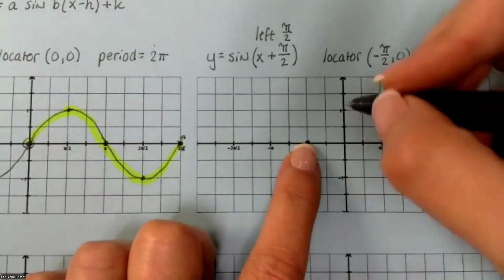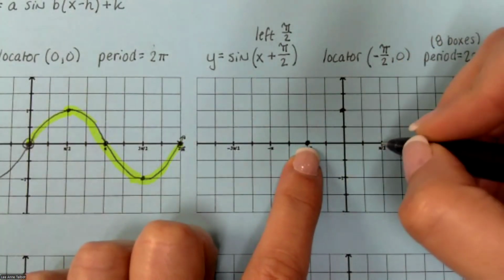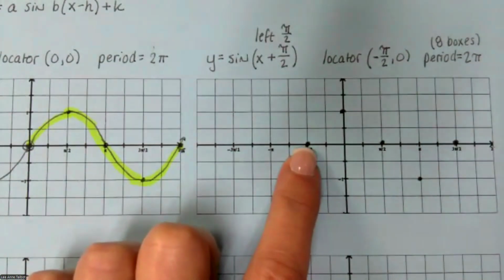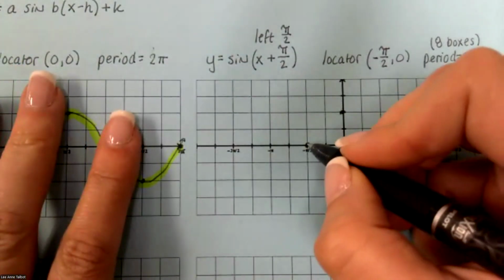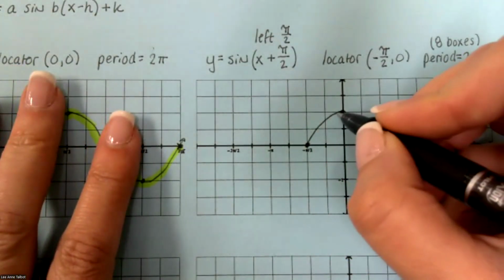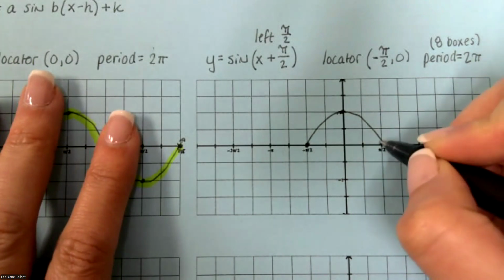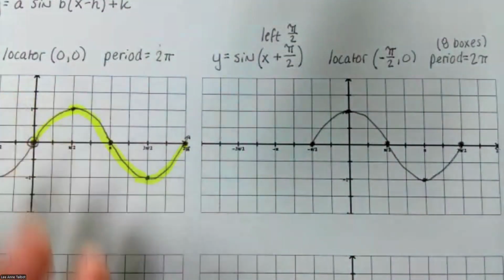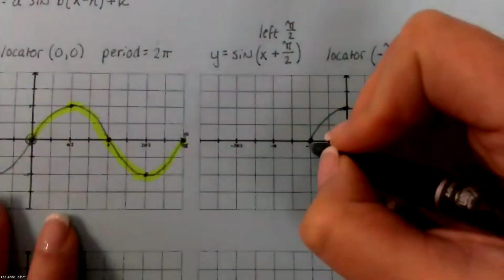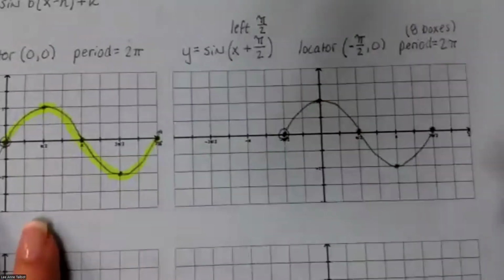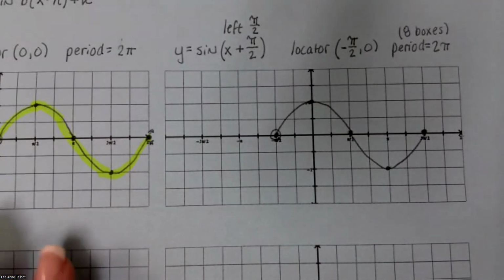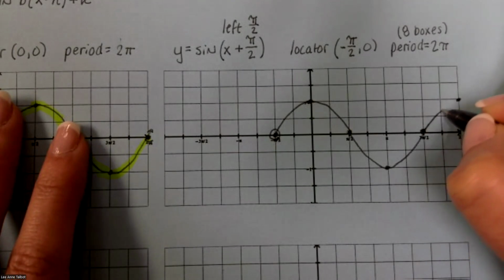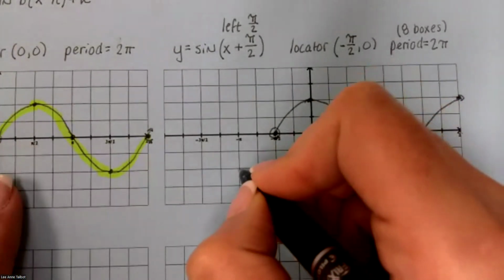Okay, now the sine wave goes up, middle, down, middle. Circle your locator point and then continue the wave on both sides.